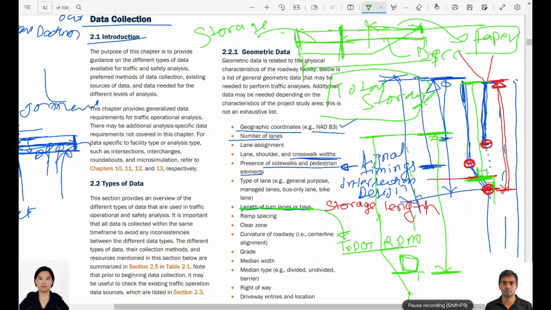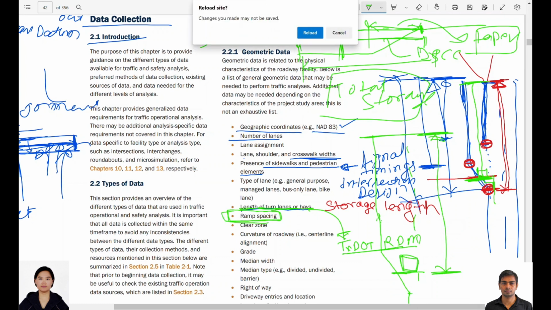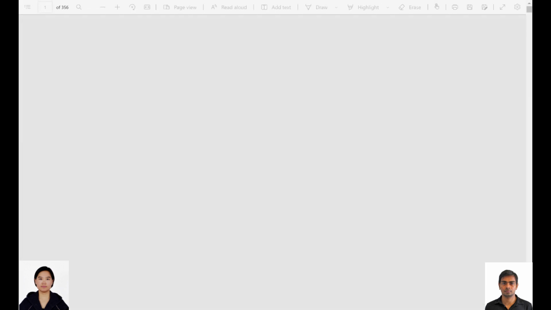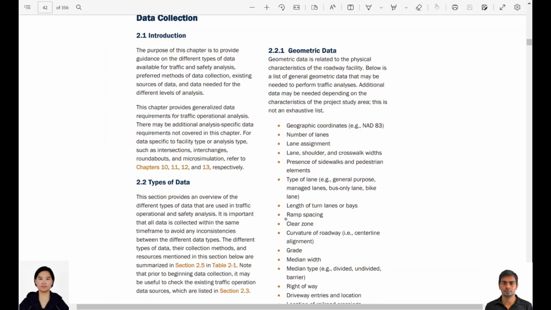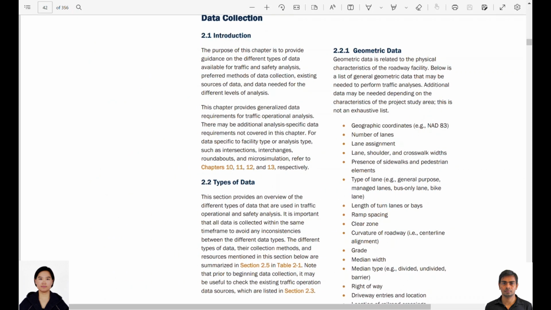Okay, next one is ramp spacing. Ramp spacing is typically what is needed in highway capacity software, but we do not collect it. There are better ways of figuring out ramp spacing. Let me reload this page. So ramp spacing, we typically do not have to go and collect it in the field.